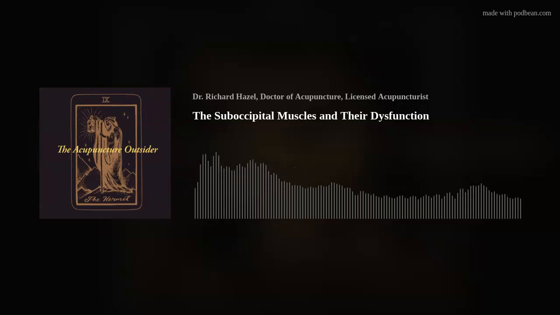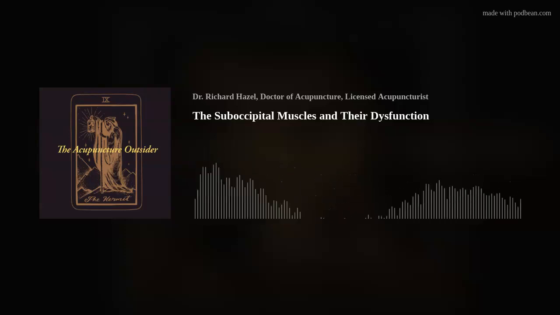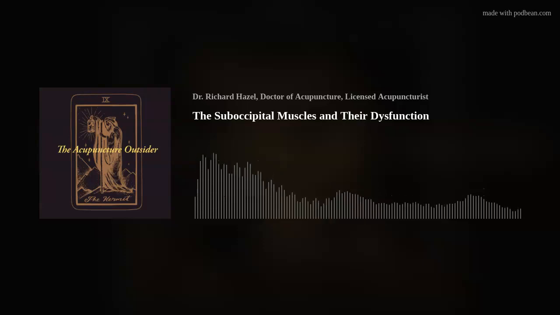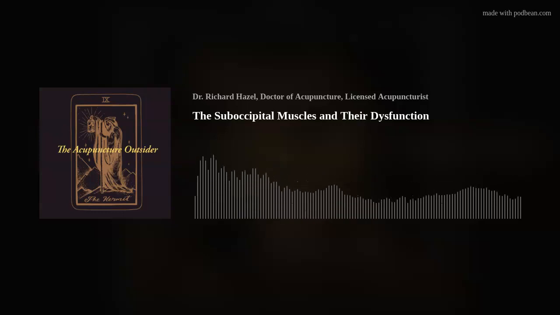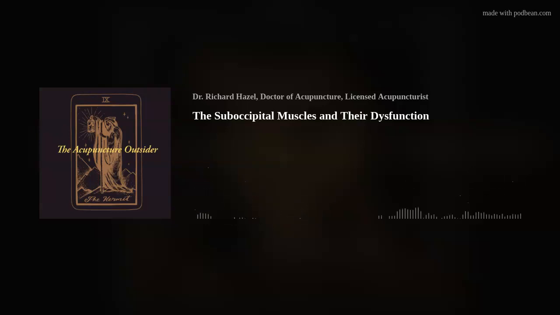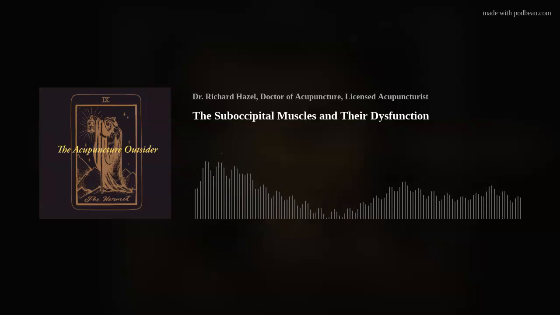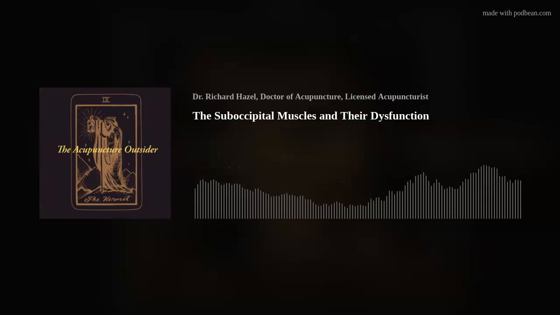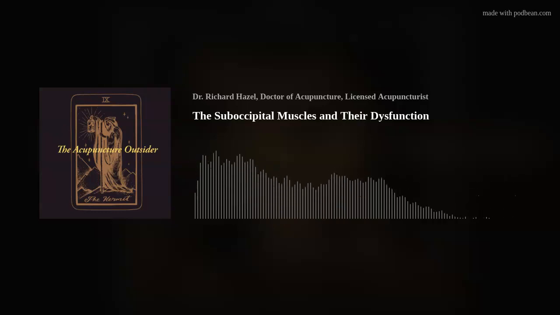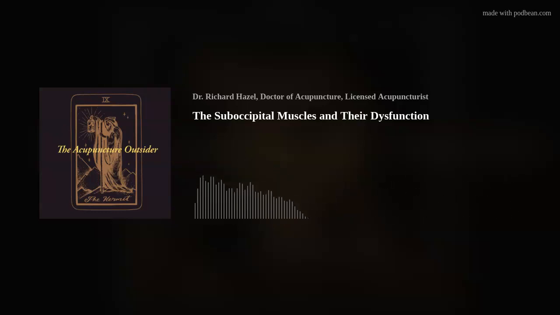There's a ton of proprioception in the suboccipital muscles. So the research that I saw measured muscle spindles in 1 gram of the muscle tissue. So they counted muscle spindles in the semispinalis capitis muscles, and they were somewhere in the 100 to 200 muscle spindles per gram of muscle tissue.